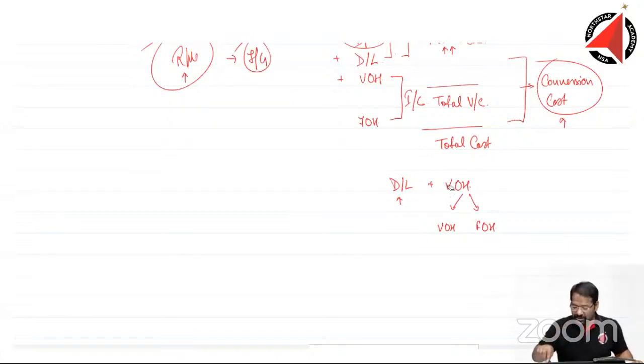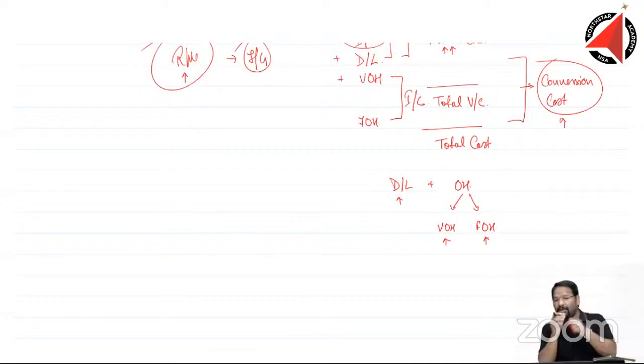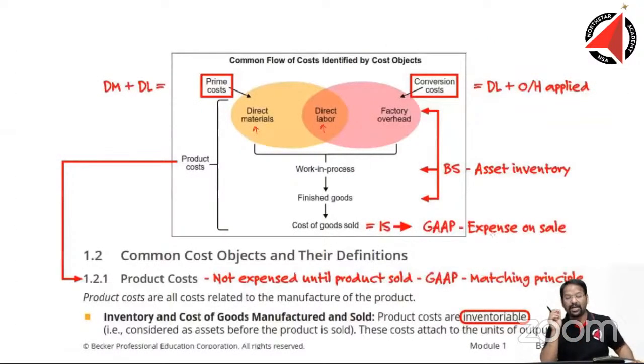But wherever the question says overheads, understand it includes both variable overheads as well as fixed overheads. Comfortable? Very quickly, we have prime cost: direct material, direct labor. Then conversion cost. It includes all the components of cost except direct material.